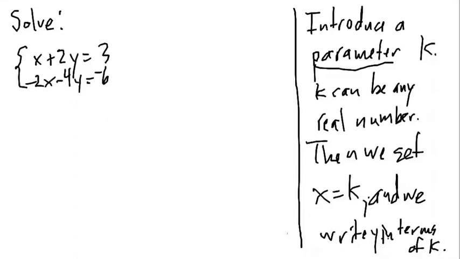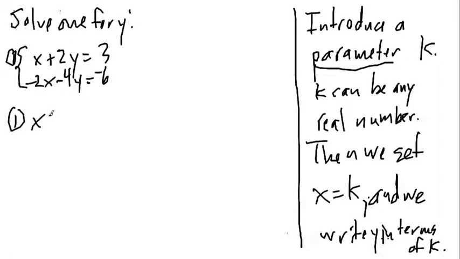What we're going to do is solve one of these equations for y and then replace x with the value k. So let's take the first one, so the first one says x plus 2y is equal to 3.